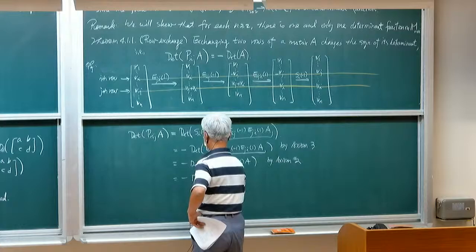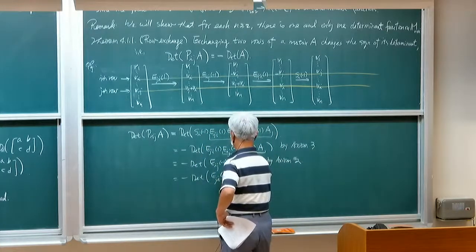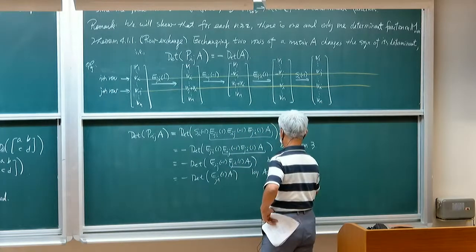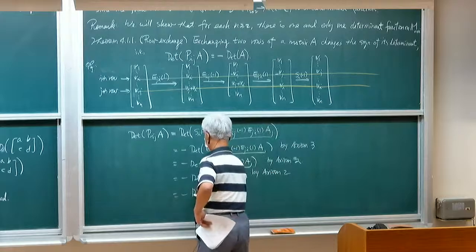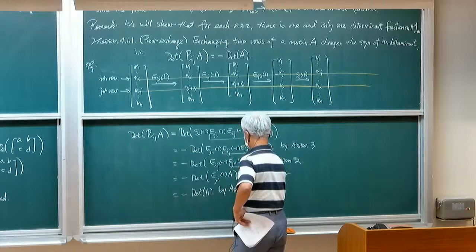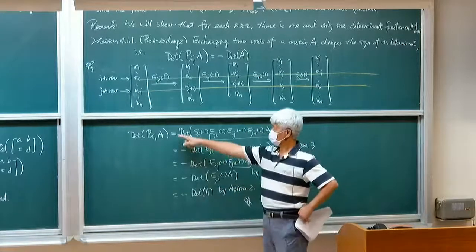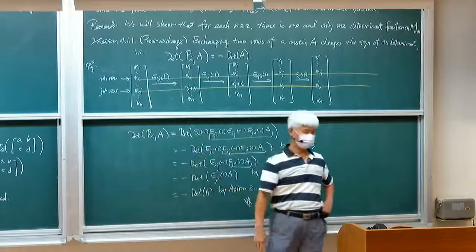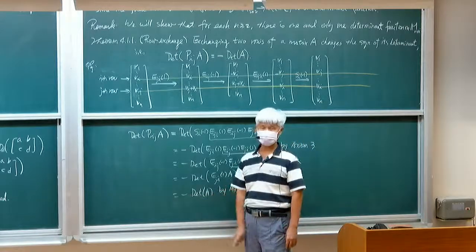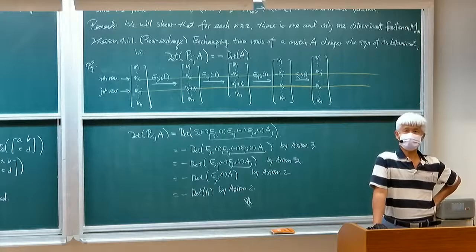And then we have done. So to exchange two rows of matrix A, you have to change the sign. Okay. Questions?